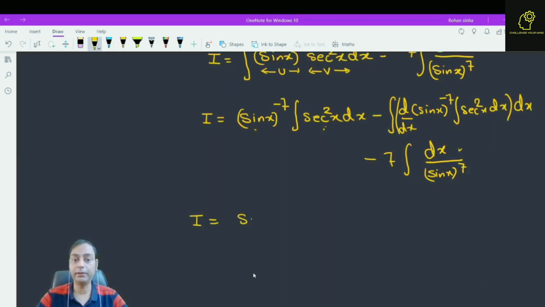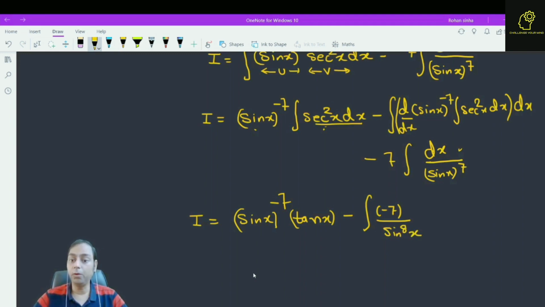So what is I? This I can be written as (sin x) raised to minus 7. And what about the integral of sec square x dx? Sec square x dx is tan x, minus d by dx of sin raised to minus 7 x. Differentiating, d by dx of sin raised to minus 7 x gives minus 7 divided by sin raised to 8 x into cos x.